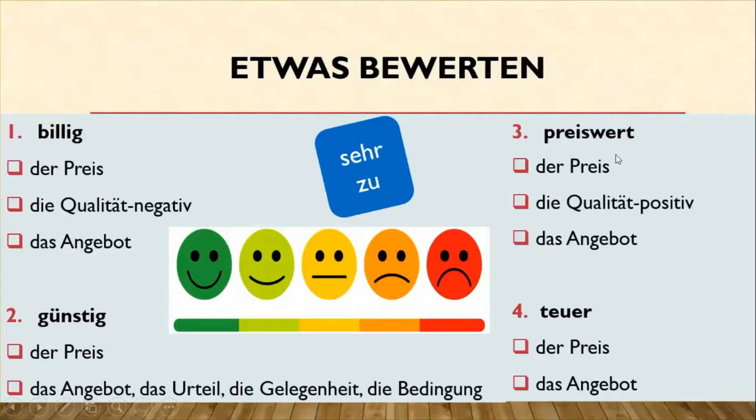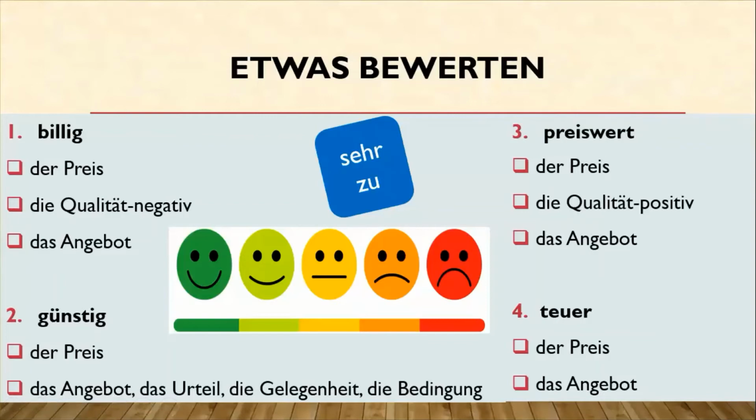Now, if the price is a bit high but it's still worth buying, it automatically means that its quality is good. So we use preiswert in this way, and we also use it with the offer, which is Angebot. So we can say that some offer is preiswert.